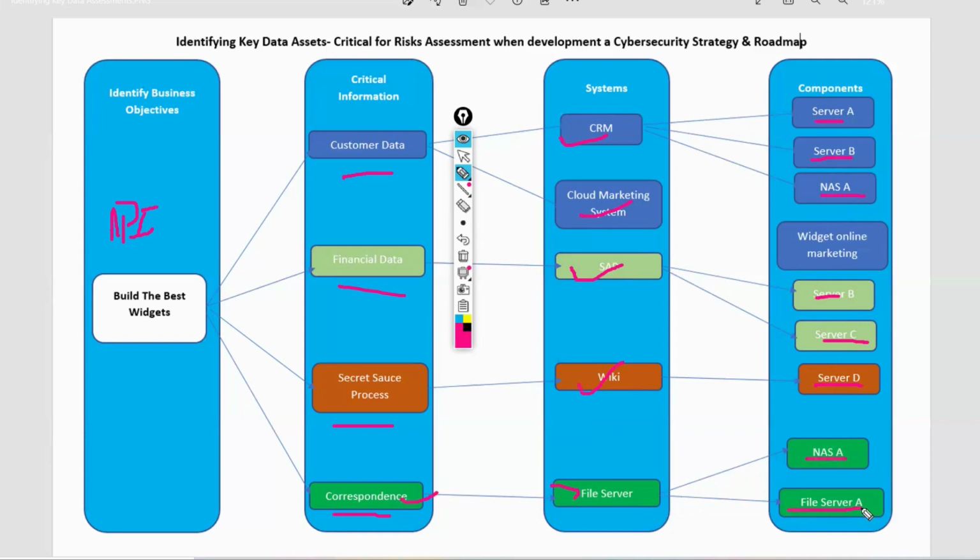So immediately you recognize that, let's say you had a number of additional applications or physical devices within the organization, but based on this objective, and that is to develop your best widgets or APIs, whichever it is, you would have narrowed the scope. You will be able to say, hey, these are the systems that I need to focus my attention on in terms of protecting, in terms of setting up the necessary controls.